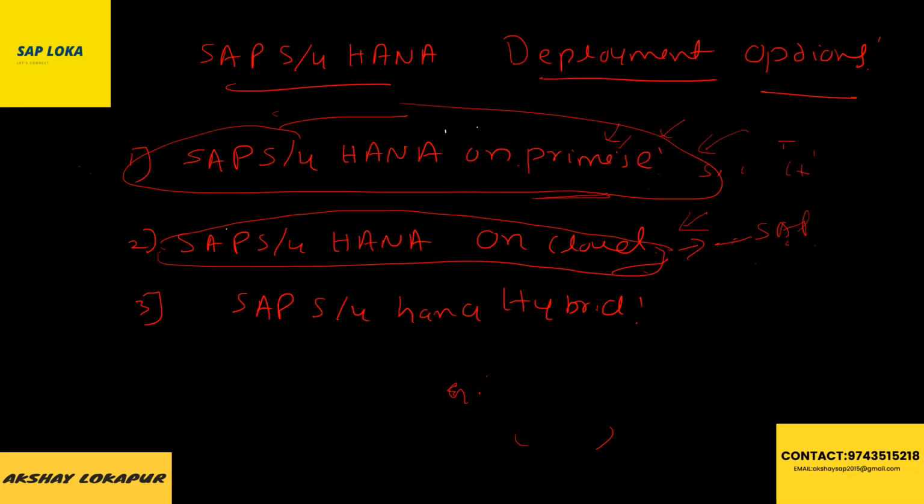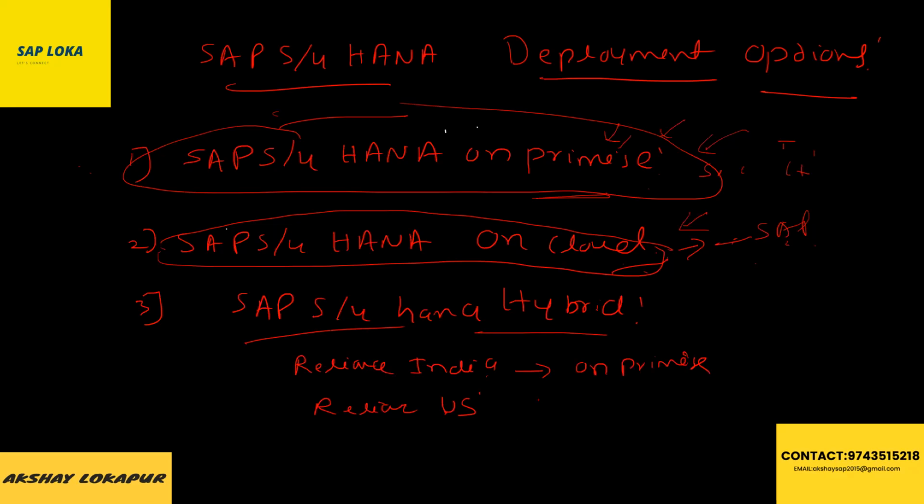And hybrid, S4 HANA hybrid. Here is an example. Suppose Reliance India has on-premise, and it has one more company code, Reliance US, which has cloud. The combination of these two is called hybrid.